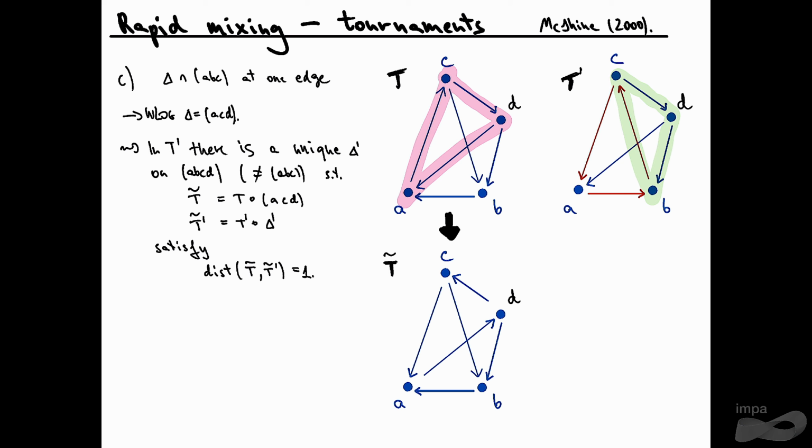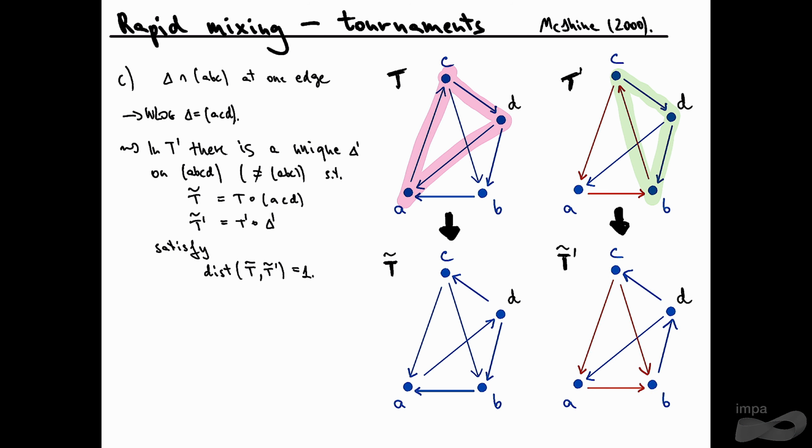In this case, you can flip BDC, which is cyclic in T prime. You get a new tournament, and these two new tournaments differ on just one cyclic triangle, so you are still at distance 1.